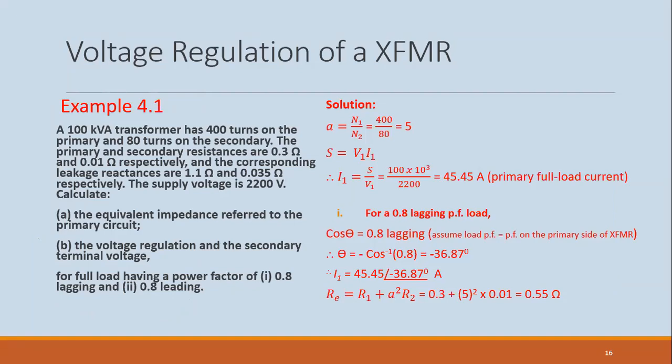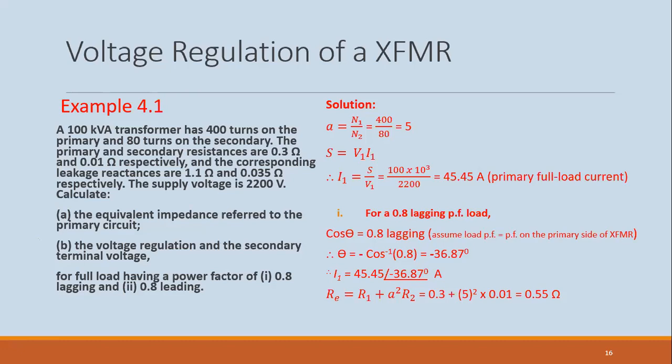Let us look at the example, and then if there are any questions afterwards, we can try to clarify. We have a 100 kVA transformer, which has 400 turns on the primary and 80 turns on the secondary. The primary and secondary resistances are 0.3 ohm and 0.01 ohm respectively, and the corresponding leakage reactances are 1.1 ohm and 0.035 ohm respectively.